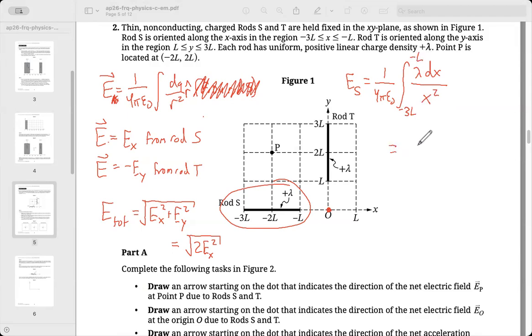You're going to get negative lambda over 4 pi epsilon naught, 1 over x, from negative L to negative 3L. I'm not going to bother trying to get rid of the negative signs yet. I'm going to write this out and then simplify it, because otherwise I'm going to make a mistake.